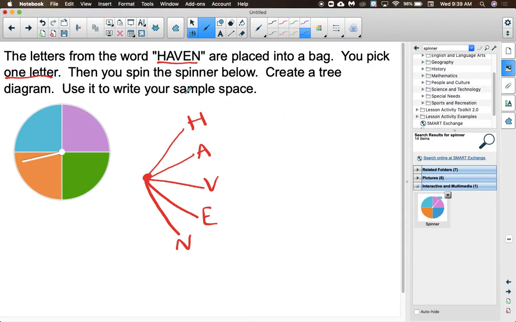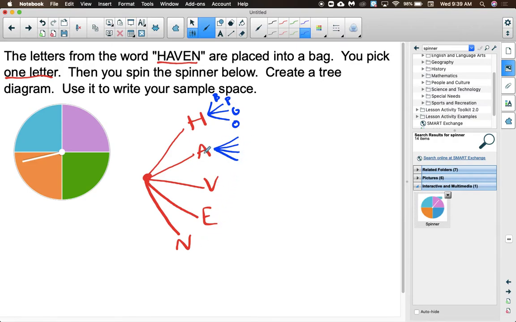Now, after that, I spin the spinner one time. And remember, my spinner has blue, purple, green, and orange. So if I get a letter H on my first pick, I could get any of those 4 colors when I spin the spinner: blue, purple, green, orange. And that is the same set of 4 outcomes for each of these letters.